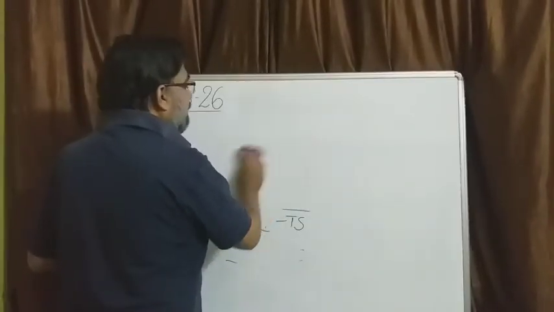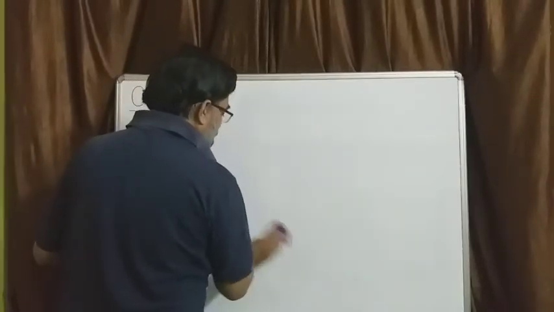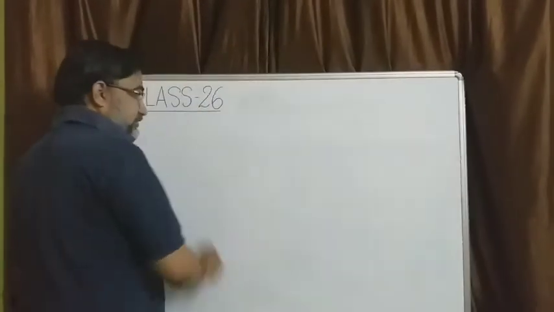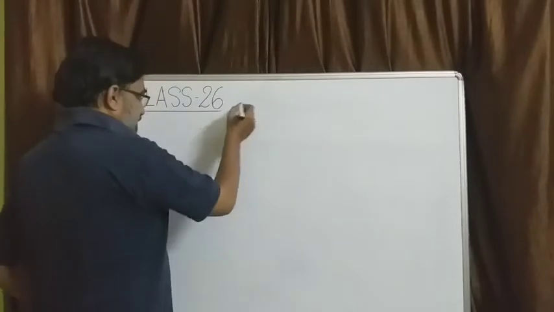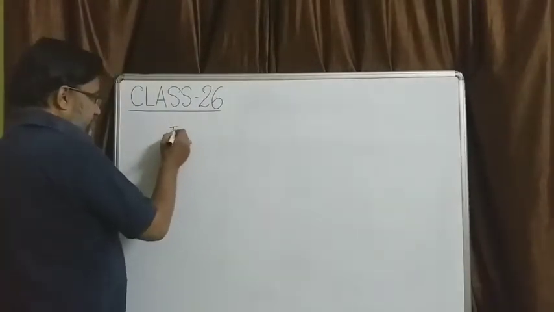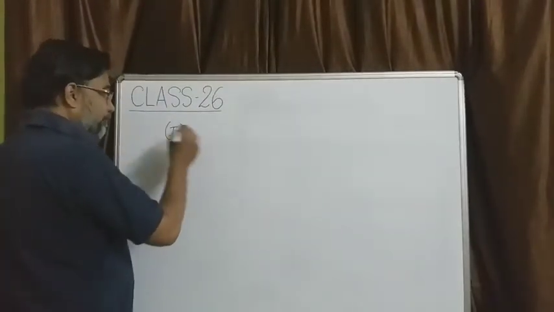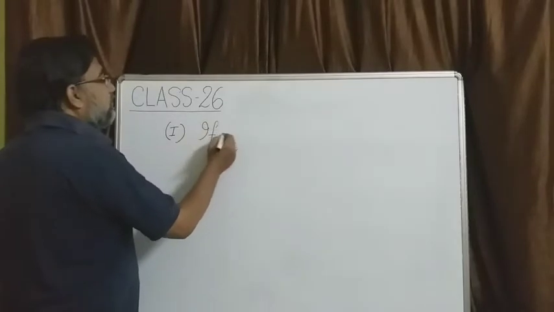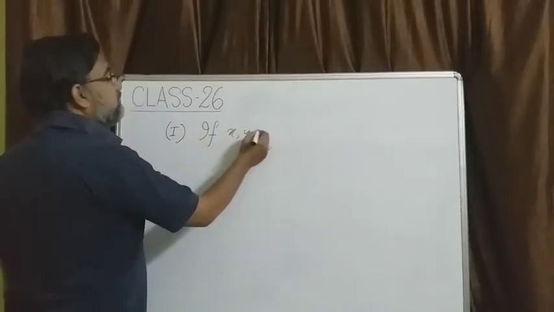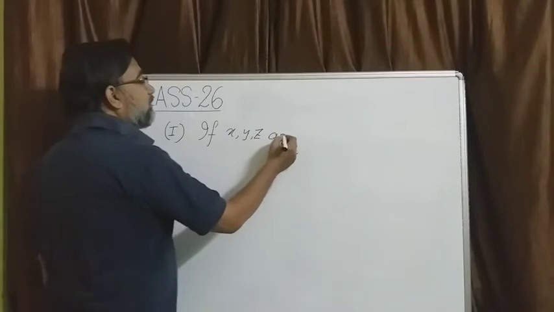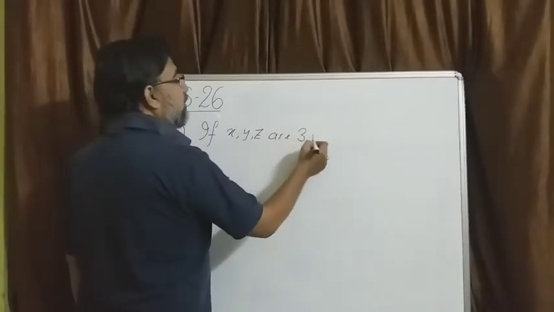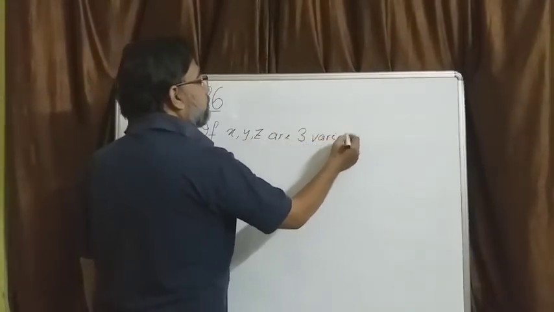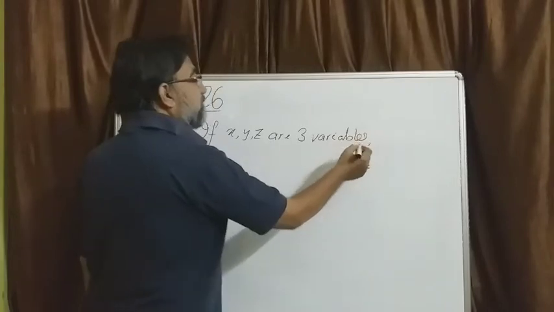Then the mathematical theorems that I was telling are like this. The first one says that if x, y, z are three variables, you know, there are variables and constants in mathematics.